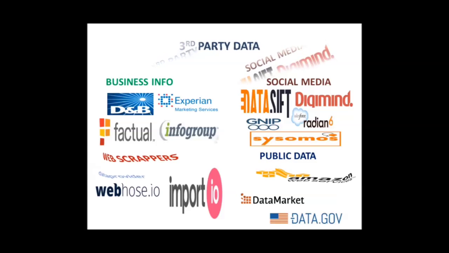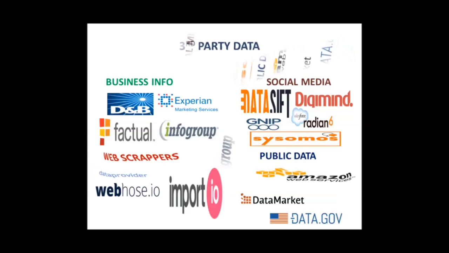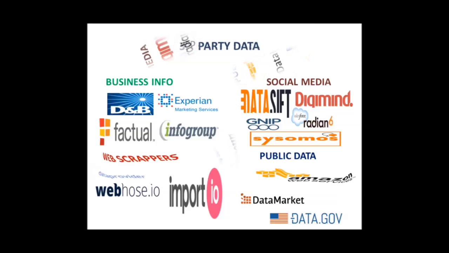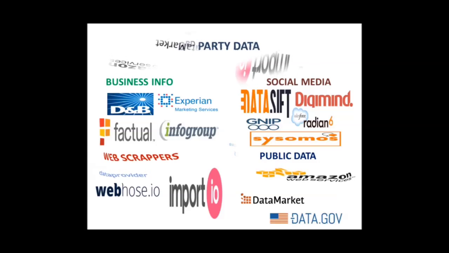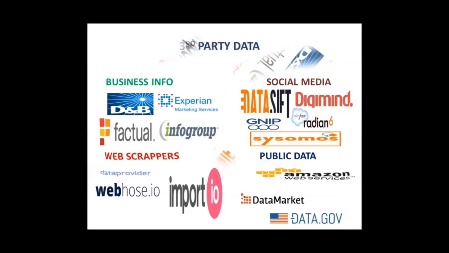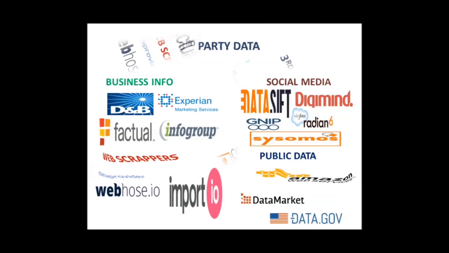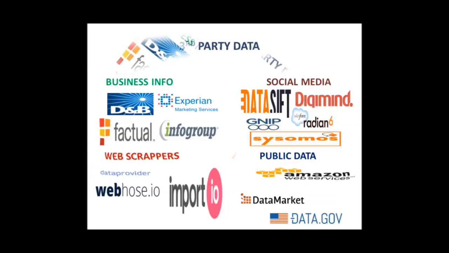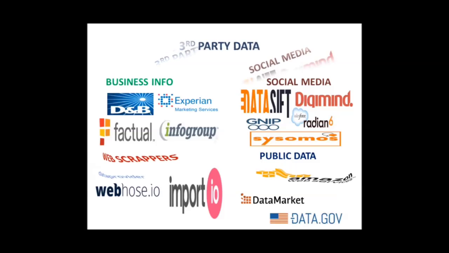3rd type is third-party data sources. You can buy data from third parties, they are the data sellers. Business information can be obtained from Experian, Infogroup, D&B, Acxiom, Factual. Social media information can be bought from GNIP, DigiMind, Sysmos, Radian6, DataSift.